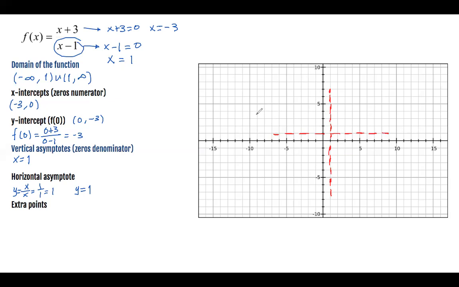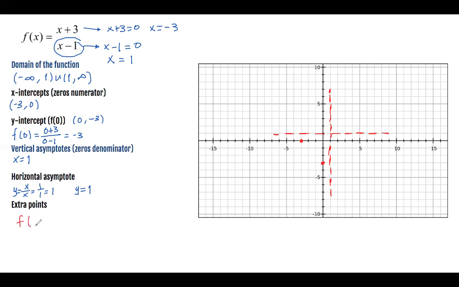We have our x-intercept over here at -3, 0. Our y-intercept is 0, -3. So we already have two coordinates on that side. We just need one or a couple of coordinates on the other side of the vertical asymptote. So we're going to decide which values to use.